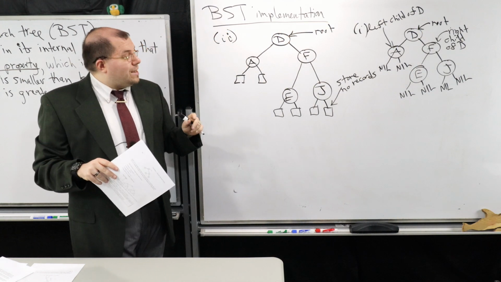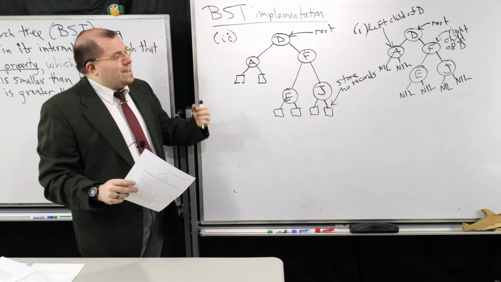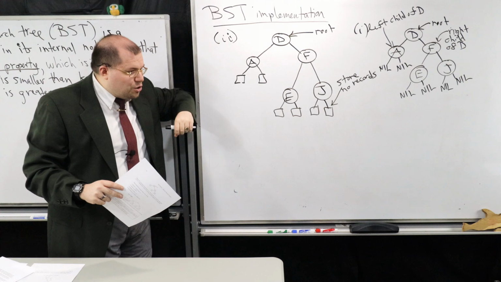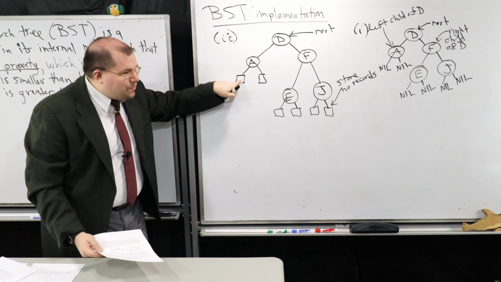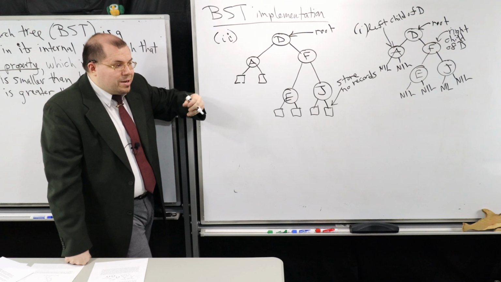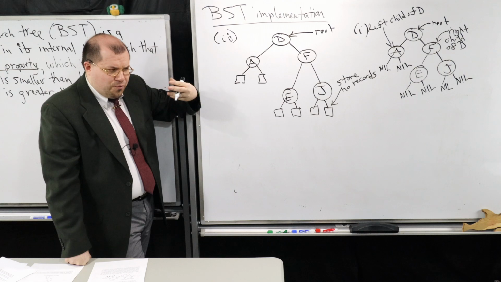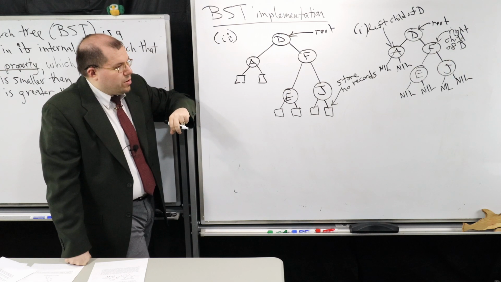Implementation number 2, I like to think of it like binary search trees on training wheels, because it gives you a couple of fun things that you could do with them. For example, these leaf nodes, as we're going to see when we get to more complicated tree data structures, serve as anchors that make it easier to perform some of the more complicated operations we're going to do.